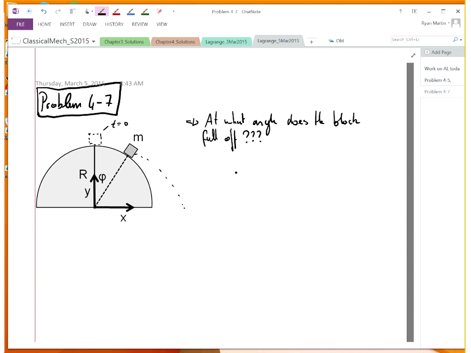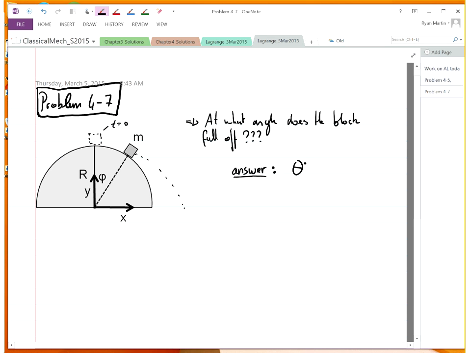And I'll give you the answer. Does anybody know the answer? 90 degrees. No, it falls off before that. So maybe you think the answer depends on R and M and such things, but actually it doesn't.